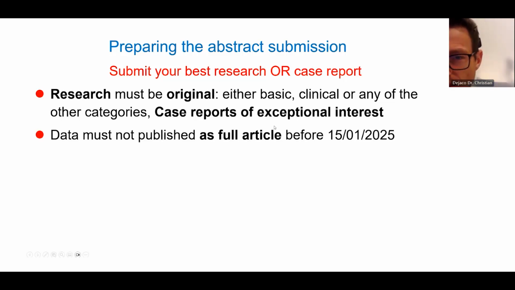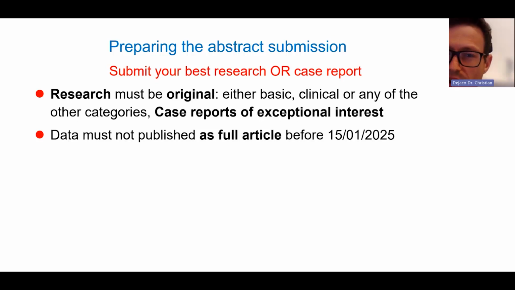The data contained in your abstract should not be published as a full article before the submission deadline. This does not include publication of an abstract, because they can be presented as an abstract and are also published as an abstract within 1 year of EULAR.